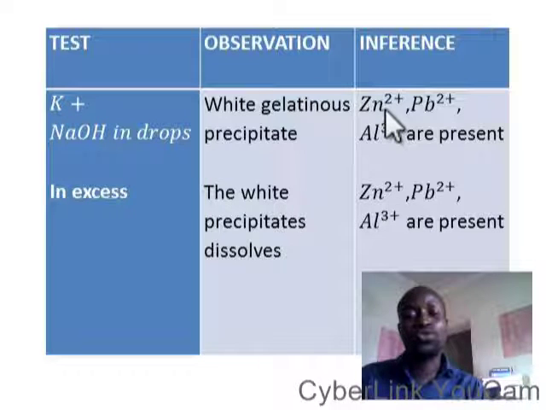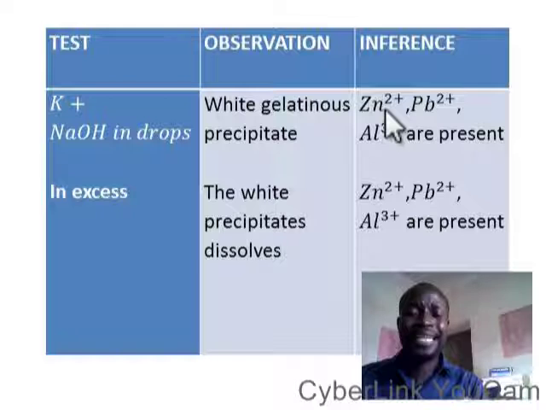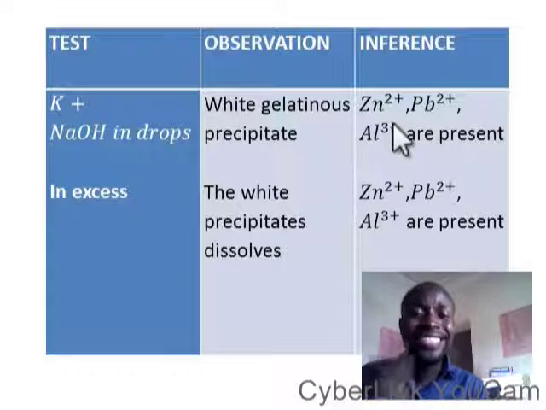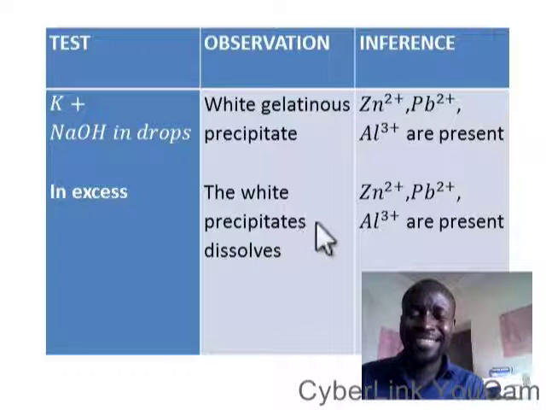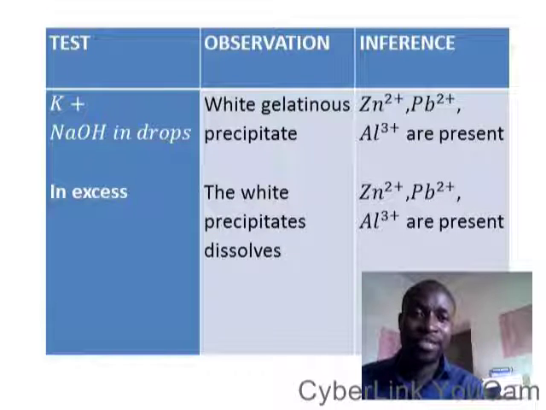That is why it is good to listen, not only to read what is on the paper that I'm presenting to you now, but also to listen to what I'm saying. In this case, calcium can be present. But when you add sodium hydroxide in excess, calcium will remain insoluble. Meanwhile, all these ions will be soluble in excess sodium hydroxide.